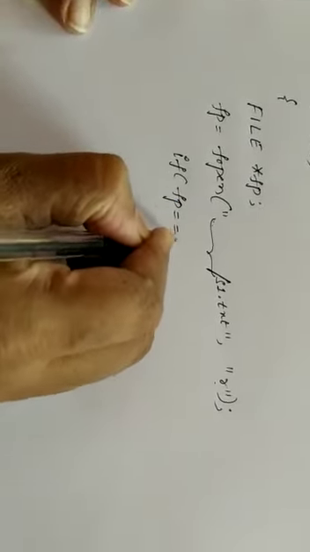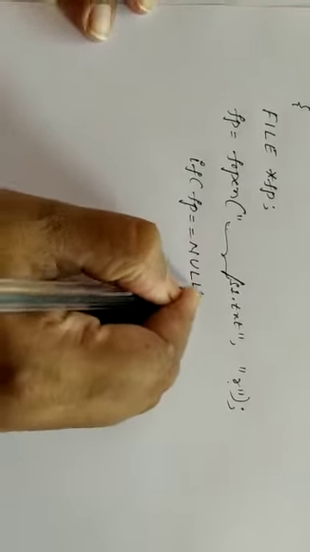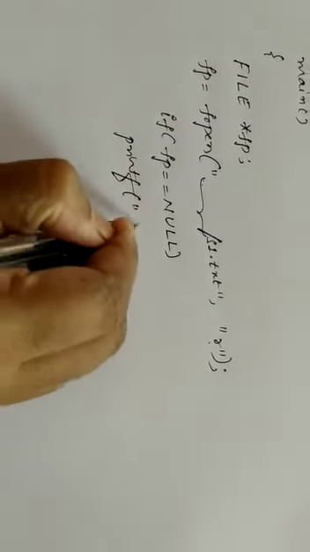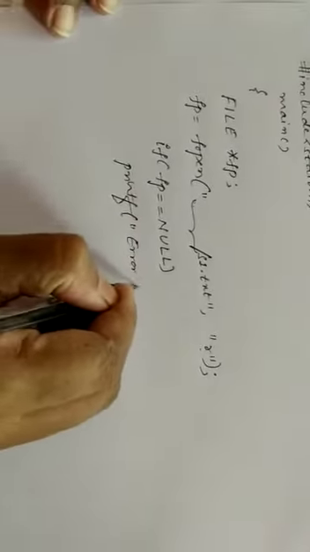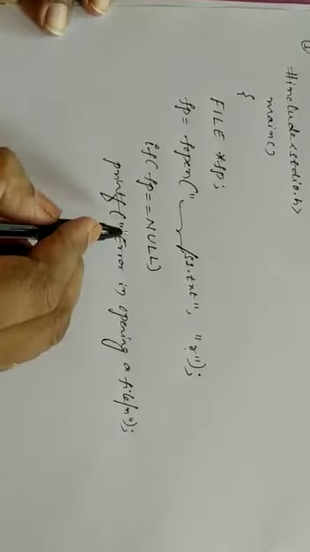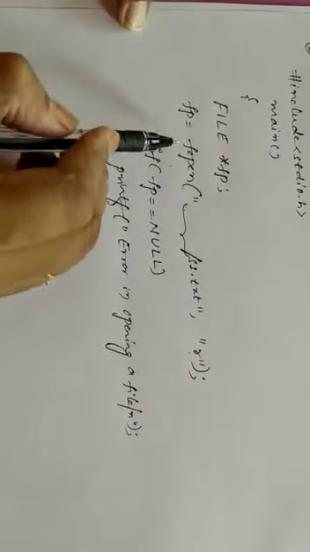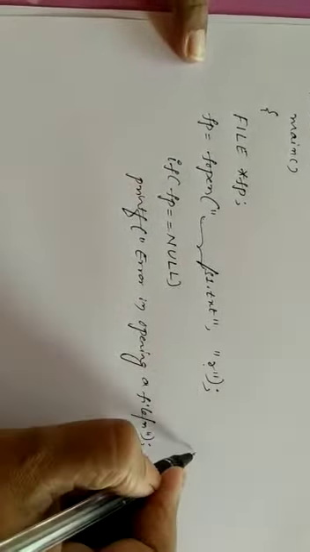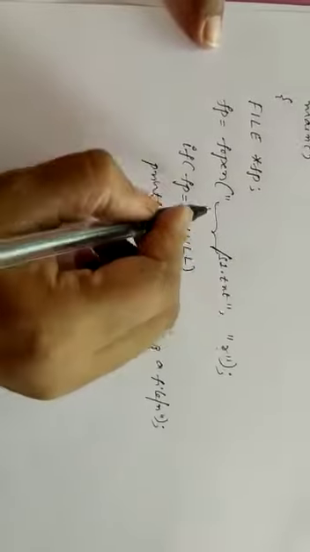If file pointer is equal to null, printf "Error in opening a file". What is the meaning? As I already said, on success fopen returns the address of the file.